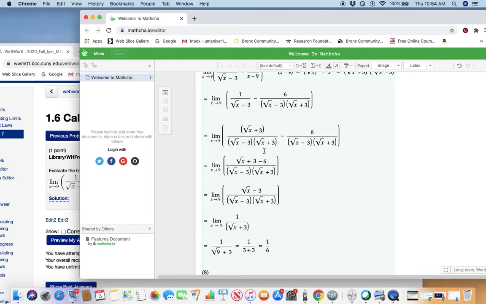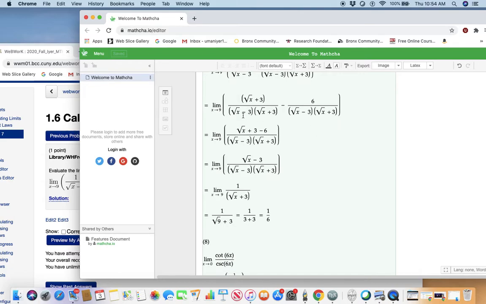Whatever I write in the denominator, I write in the numerator. So that fraction is the same as this fraction minus the same thing repeated. Now that I have common factors, I write root x plus 3 minus 6. So I have combined the numerators.